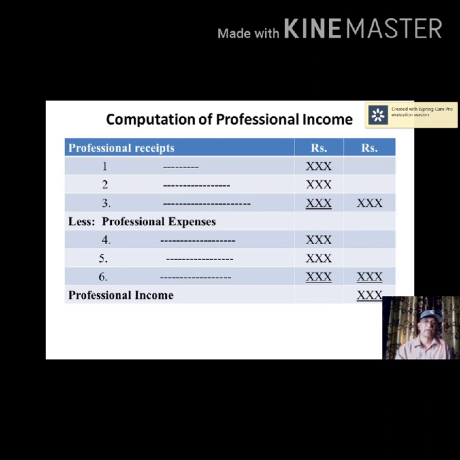To give some examples, say audit fees, accountancy work, tax consultation fees, financial consultation services, arbitration fees, examination and investigation fees, gifts and presents from clients. So these are all professional receipts.